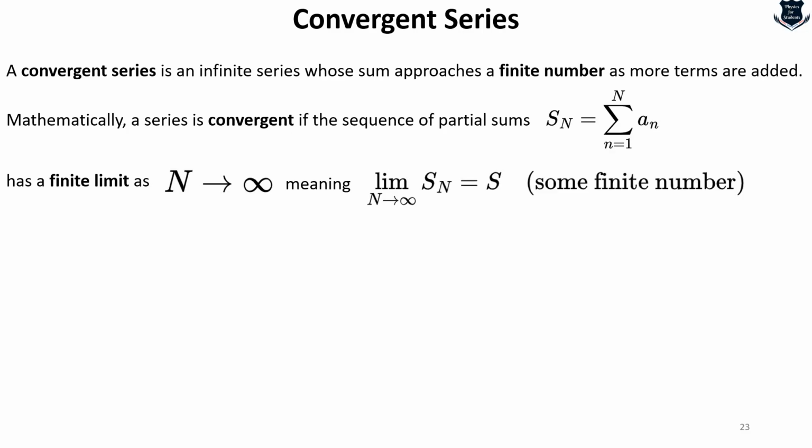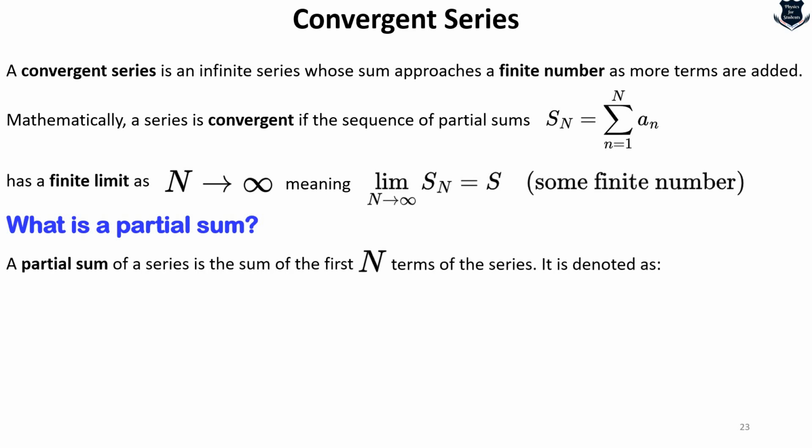It is mathematically denoted by this sign. Don't worry, I will explain what the sigma and so on mean. First, let us understand the first important term, what a partial sum is.